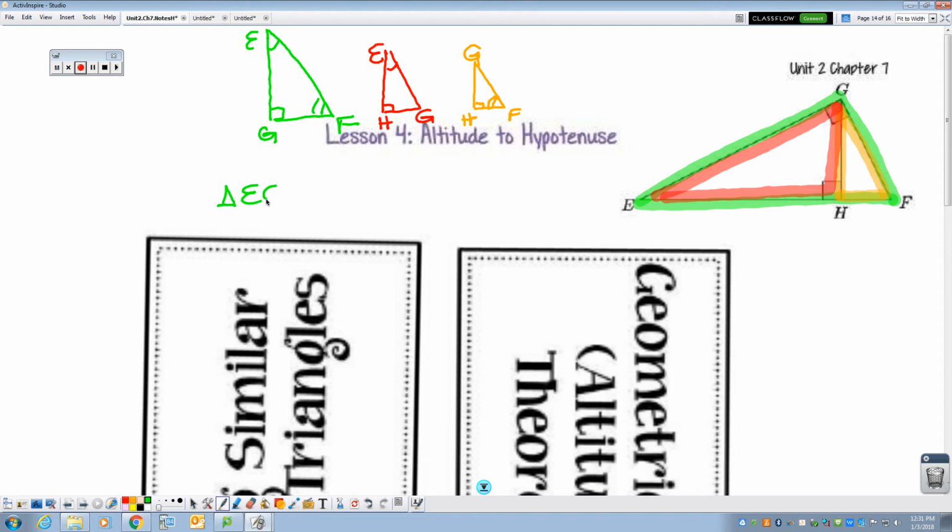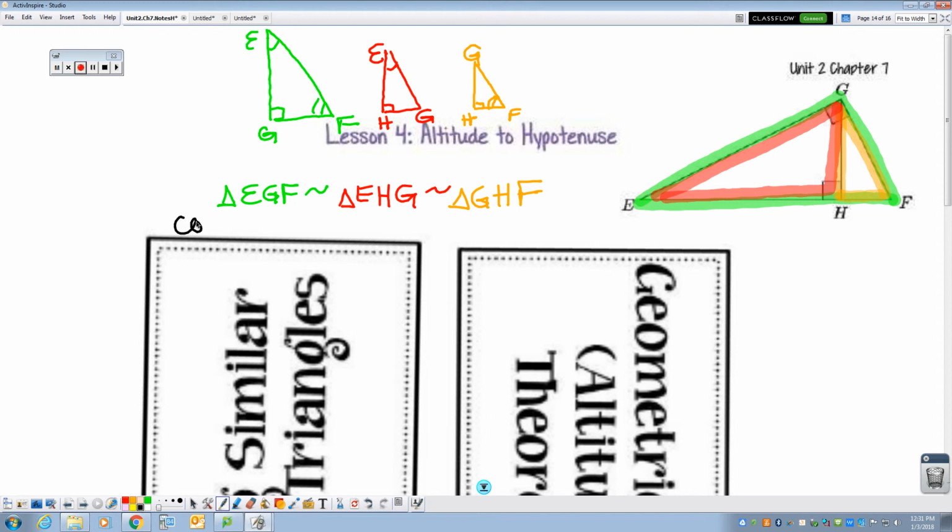Triangle EGF is similar to triangle EHG is similar to triangle GHF, all by AA similarity.